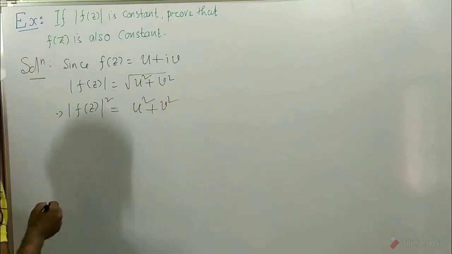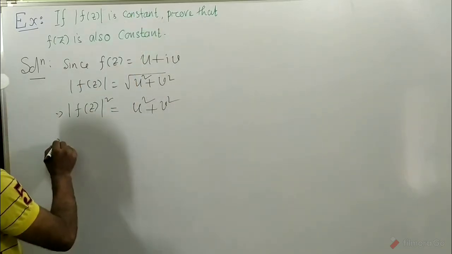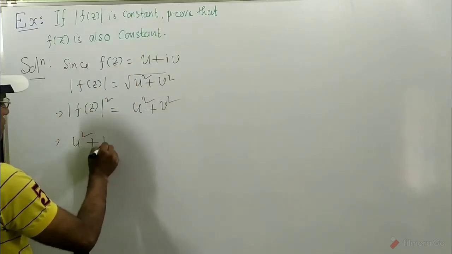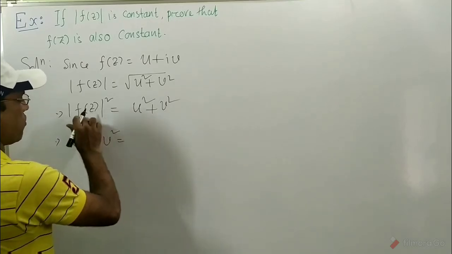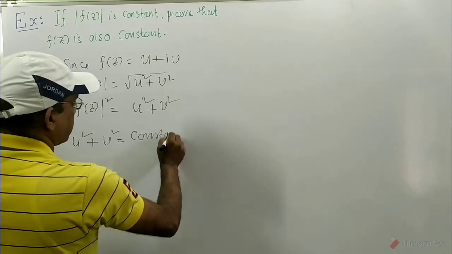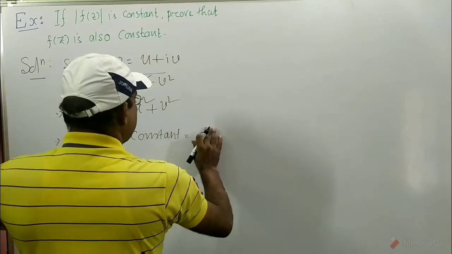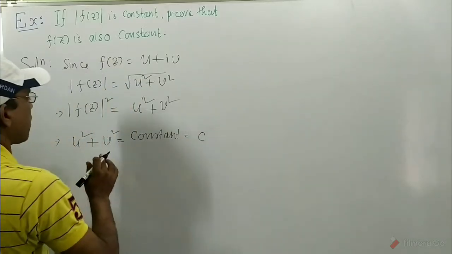But mod f(z) is constant, so we can write u square plus v square equal to mod f(z), which is constant. We consider the constant as c.